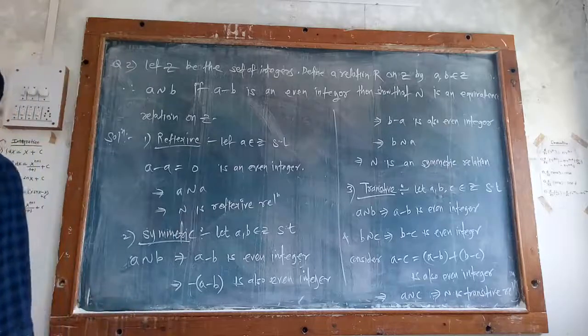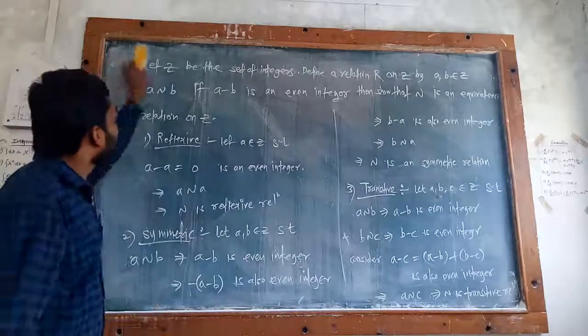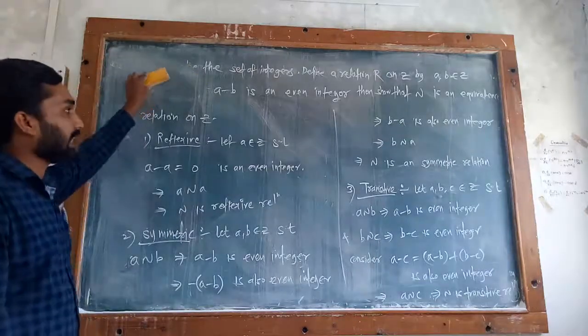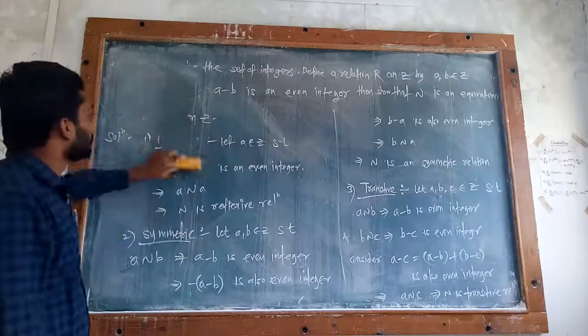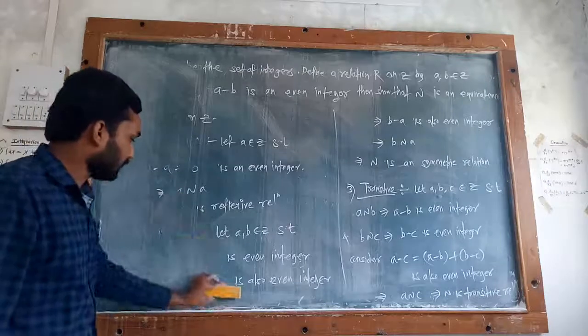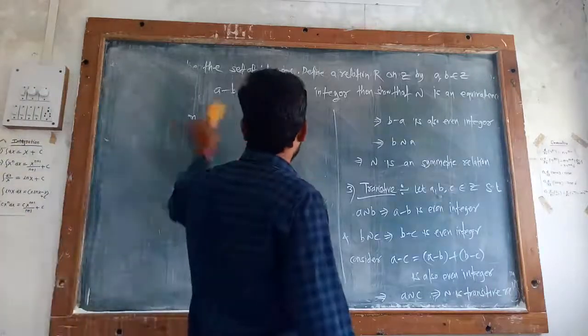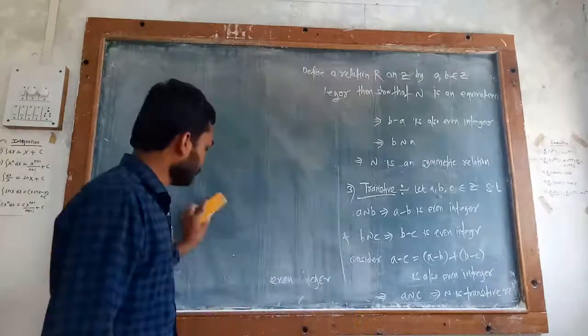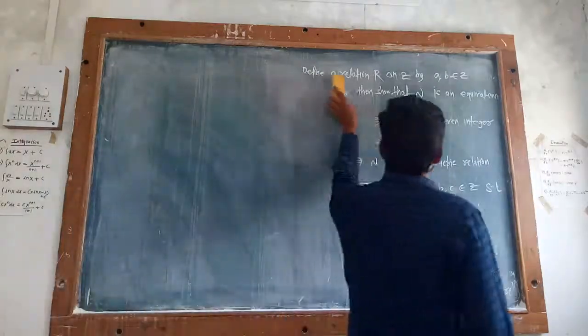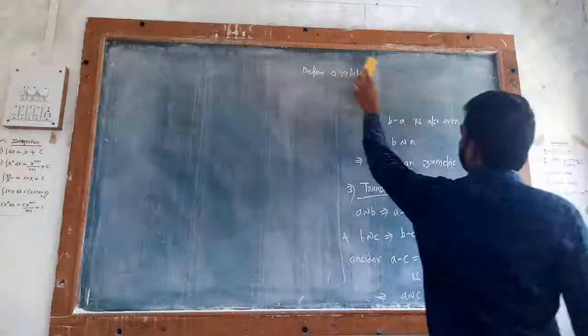So let us now define the definition of equivalence relation. Then I am going to find out the equivalence class of that set A. Okay. So let us write down the next definition. What is meant by equivalence class?